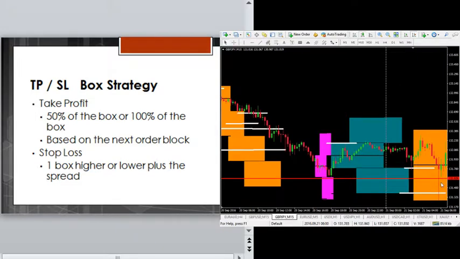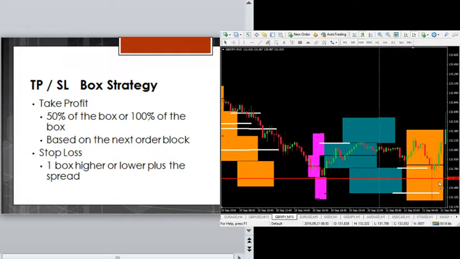Right? And then look at this one. The price broke upward from the main box. So you would consider a buy, taking profit at the 50% or the 100% of the box again.